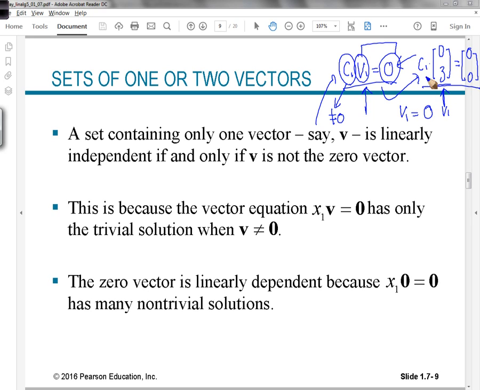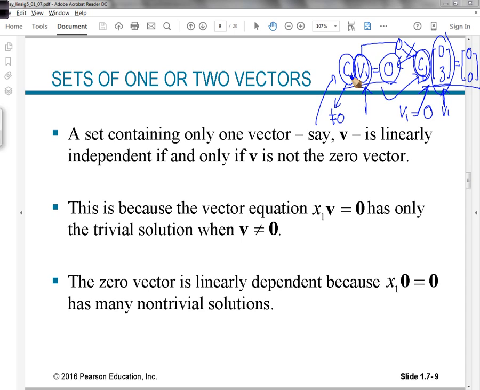In this case, if c1 is not 0, we cannot satisfy this equation for any value unless this part is all 0, which means our vector v1 should be completely a 0 vector.